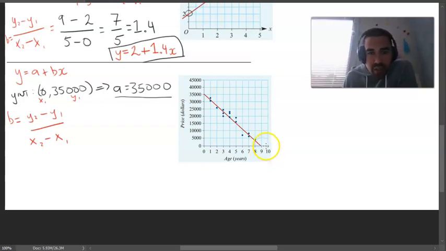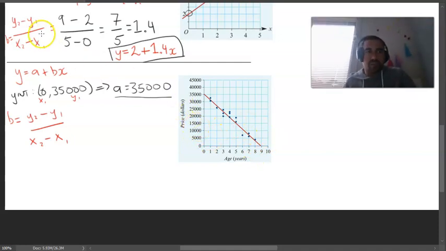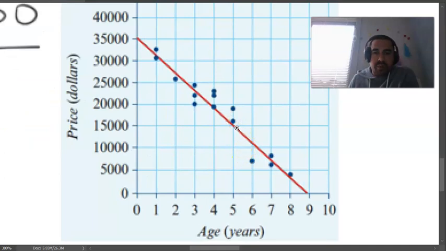So we're going to go to a point where I know it's going to hit one of the intersections on the graph. Your best bet, if we have a look here, I'm just going to zoom up quickly, bit blurry, is that point right there. That point right there is when x is equal to 5, a corresponding y value is going to be 15,000.